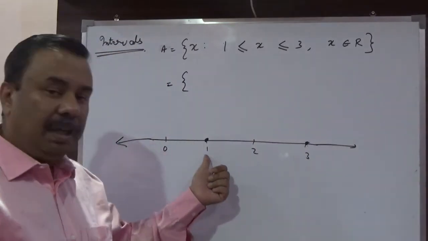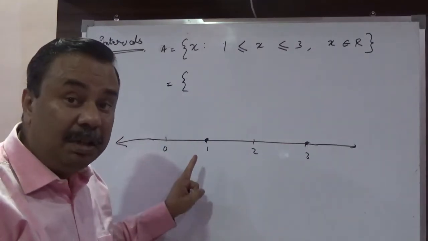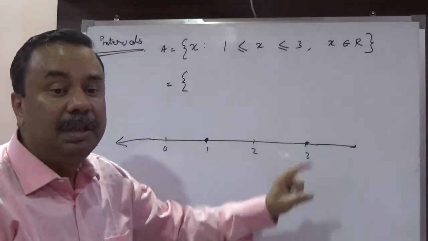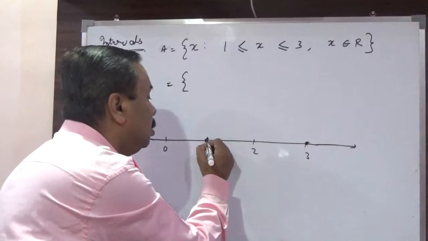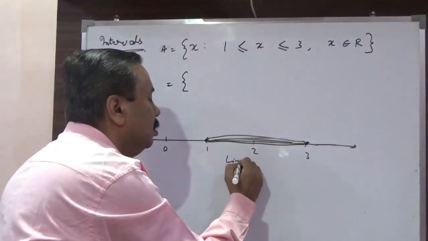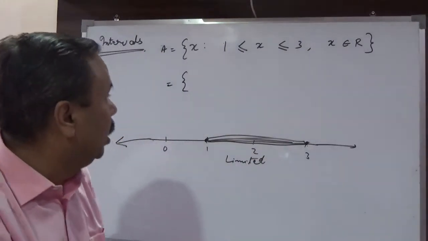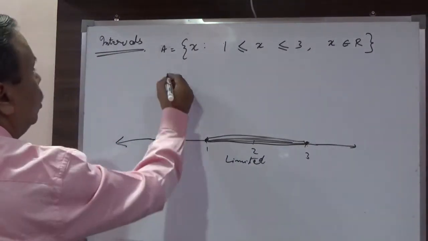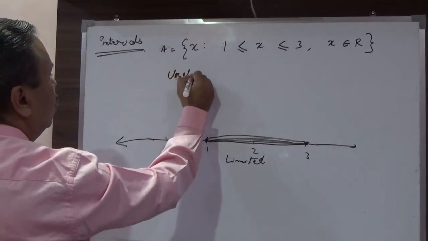On the left-hand side it is limited to 1, it will not be less than 1. On the other side it will not be greater than 3. So the number of elements will be in between this region only, and the values will be limited. This type of interval is called a closed interval.